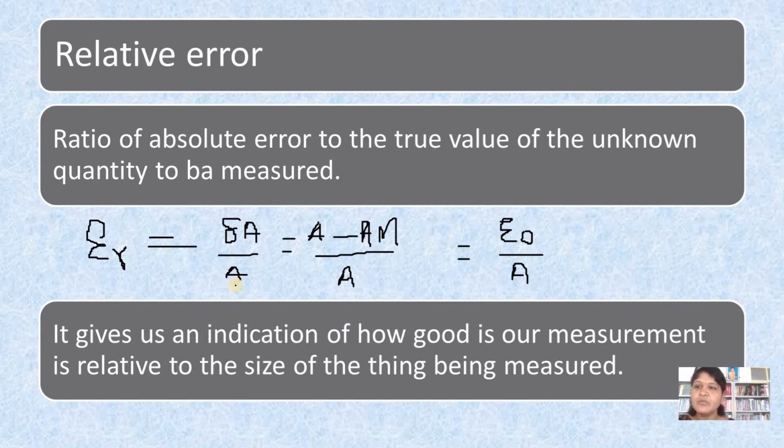Suppose we know that our instrument gives an error of plus or minus 5%. This is the accuracy of the instrument. Now we are using this instrument to measure the length. One person is measuring the height of the ceiling, that is, the distance of the ceiling from the floor.